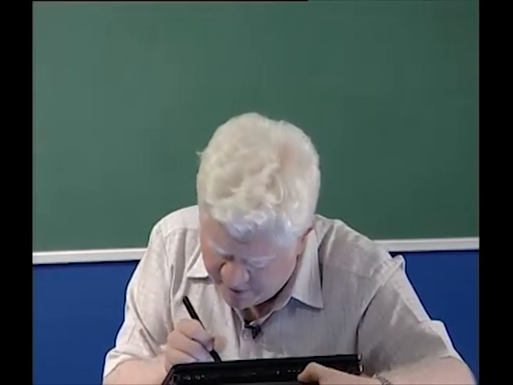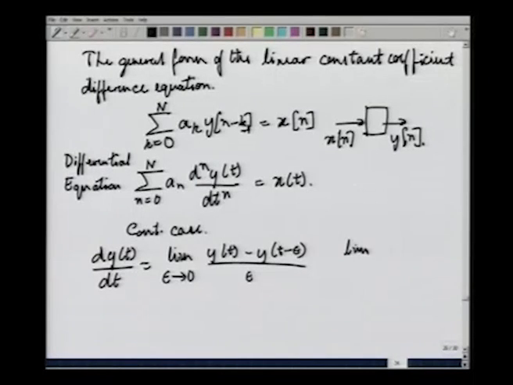There we would say limit as epsilon tends to 0, this is the discrete case, of y n minus y n minus epsilon divided by epsilon.